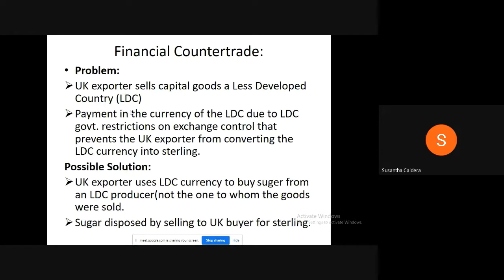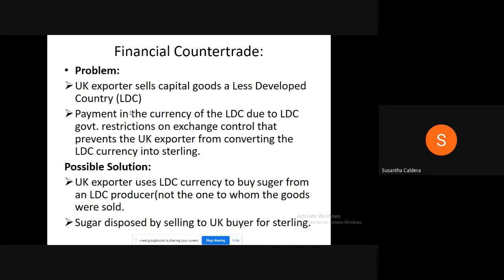What's the use of having LDC currency in the UK, in London? There's no point. So what they will do, the UK exporter uses that LDC currency to buy sugar from another producer in the less developed country, right?